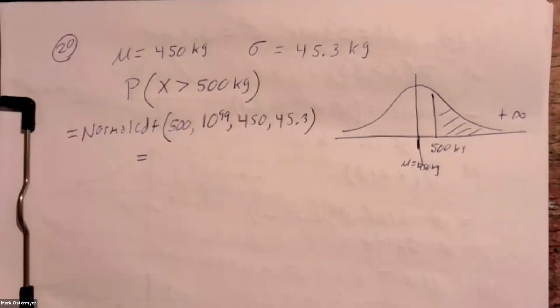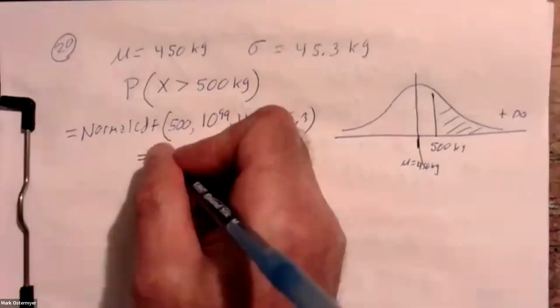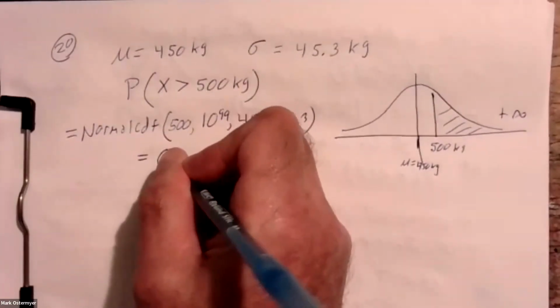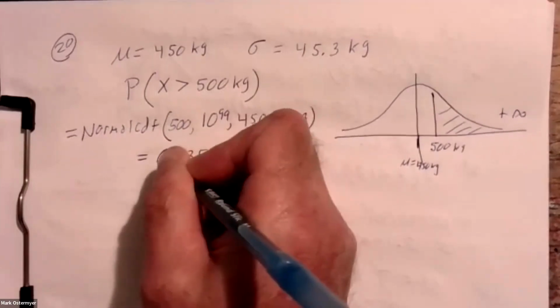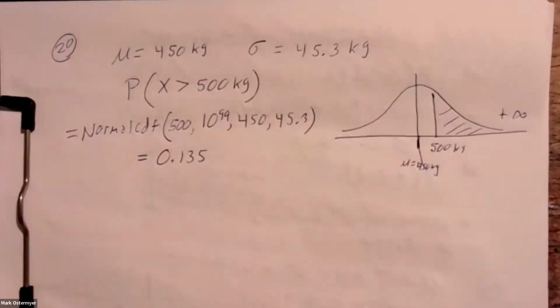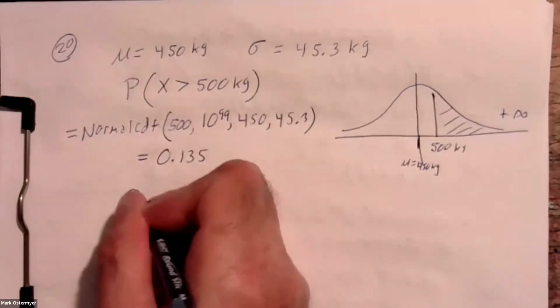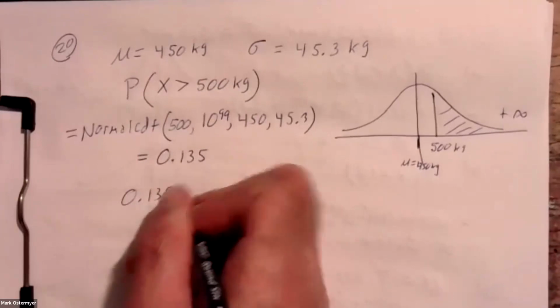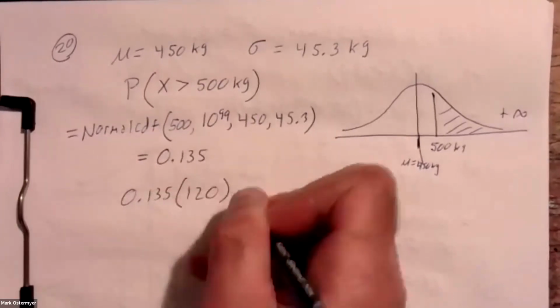So this probability or proportion would be about 0.135. And they want to know, of the 120 manatees that were captured and released, how many of them would have a weight that exceeds 500 kilograms. You would therefore take 0.135 and multiply it by 120.